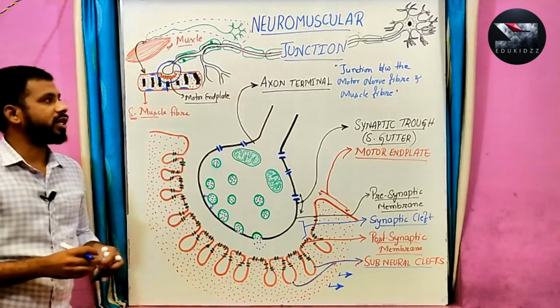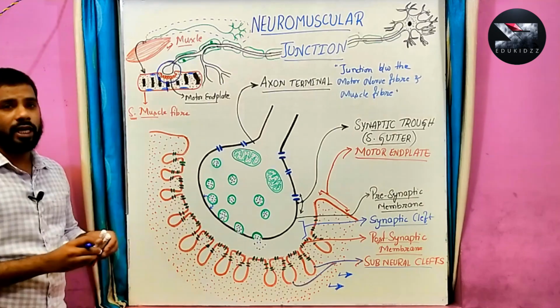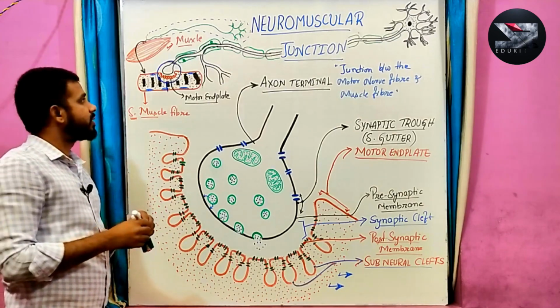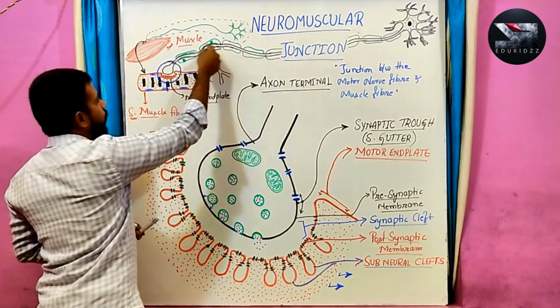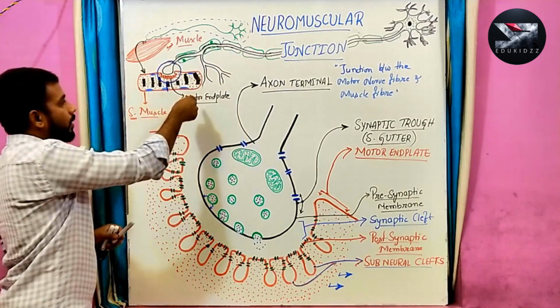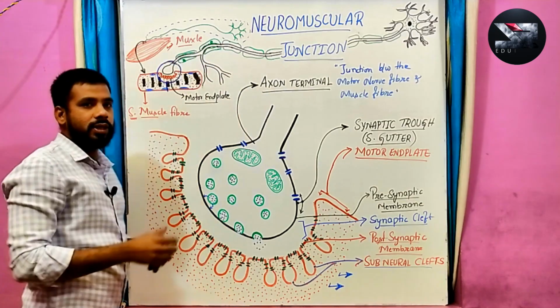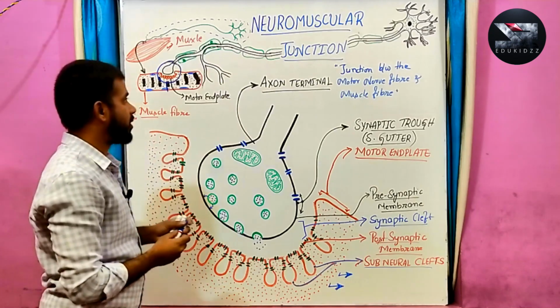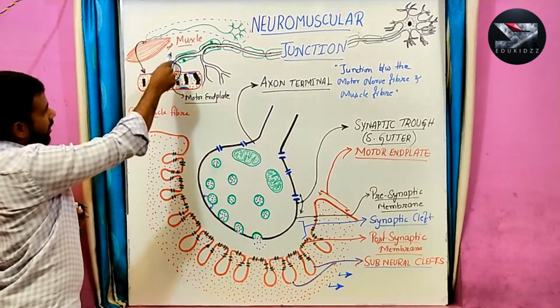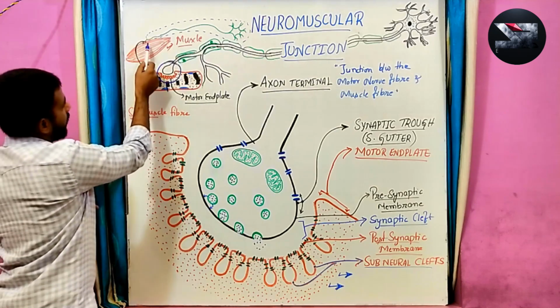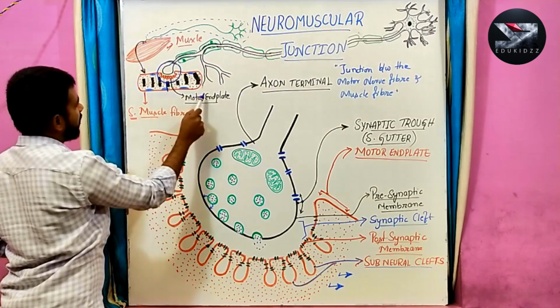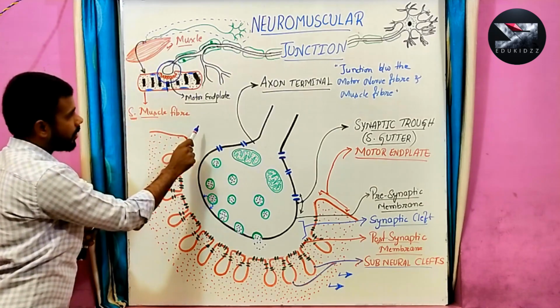So this neuromuscular junction mainly helps in the transmission of impulses from a neuron to a muscle fiber. Those impulses help in the contraction and relaxation of the muscle. As you can see in this diagram, this is the muscle, and I magnified a single skeletal muscle fiber.